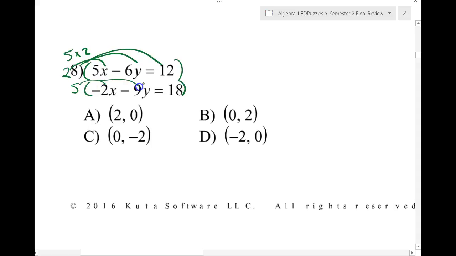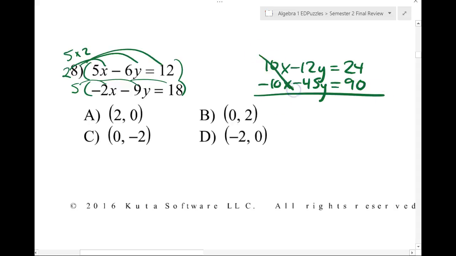So my new equation will be 10x minus 12y equals 24. And on the bottom, negative 10x minus 45y, 5 times negative 9, and then 5 times 18 is 90.